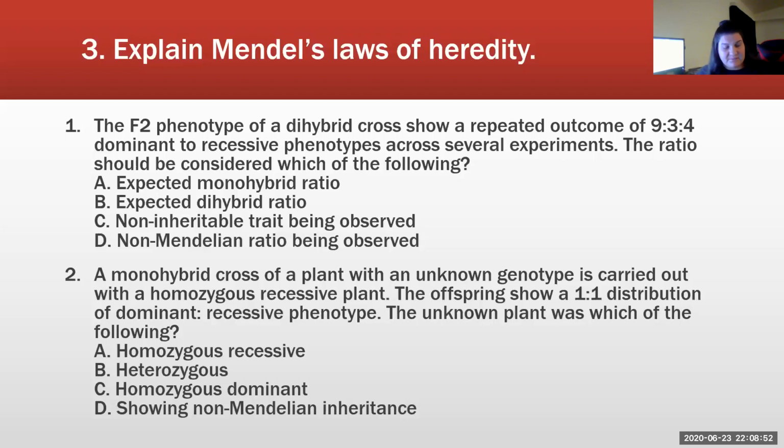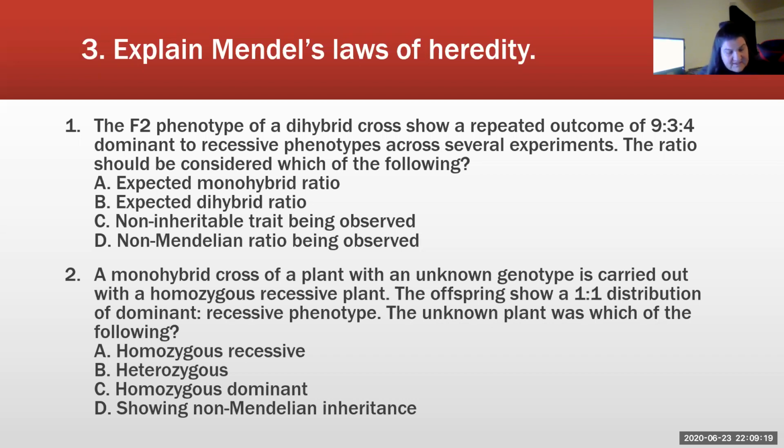The heterozygous plant with one dominant and one recessive allele would produce gametes with either one dominant or one recessive allele. Crossed to a homozygous recessive plant whose gametes are all recessive, this would yield a 50% dominant phenotype and 50% recessive phenotype. A homozygous recessive plant crossed to a homozygous recessive plant would yield 100% recessive phenotypes.